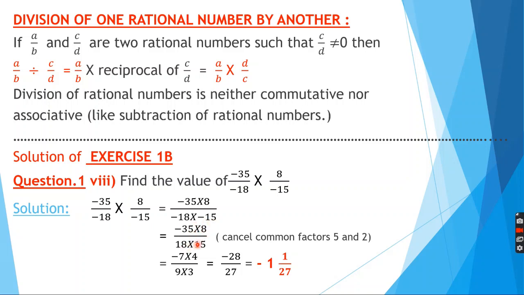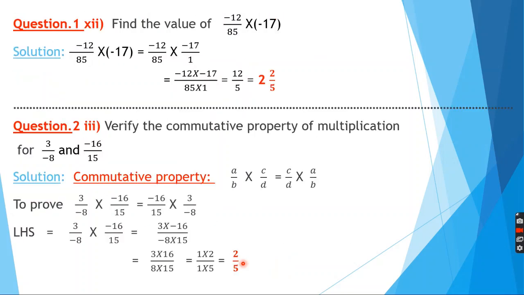The negatives cancel, and we get minus 7 into 4 upon 9 into 3, because 5 is a common factor in 35 and 15 as well as 2 is a common factor in 8 and 18. So we get minus 28 by 27.